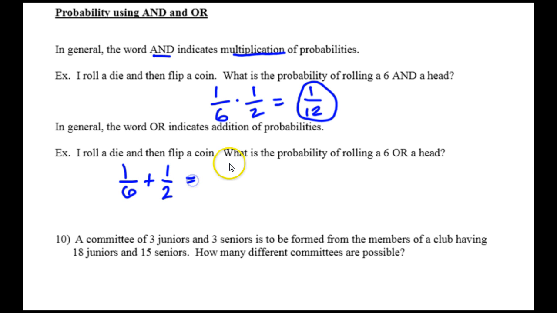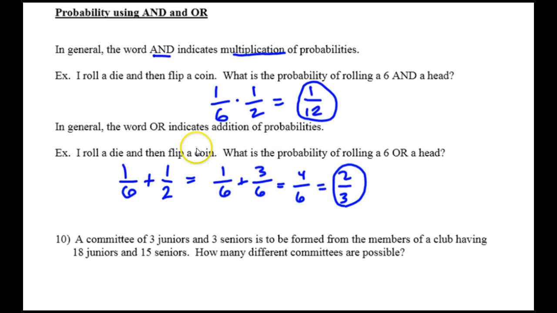So if I add the fractions, I need a common denominator. I leave 1/6. I have to change 1/2 into 3/6. Of course, that's 4/6 or 2/3. And obviously 2/3 is quite a bit bigger than 1/12. So the keyword or indicates you're going to add the probabilities.